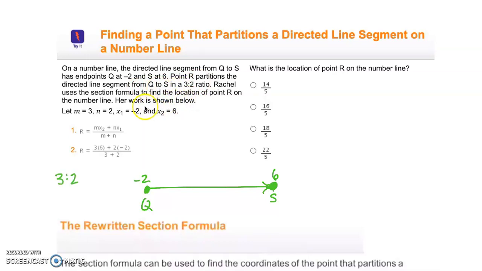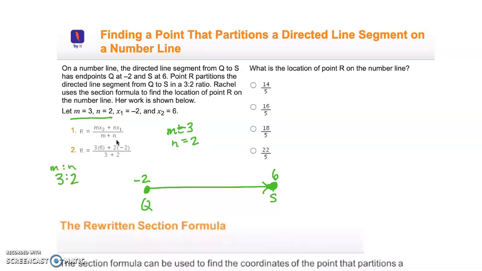The first thing to understand is that the ratio is how we get M and N. Whenever you see M and N in an equation, M is equal to 3 in this case, and N equals 2.